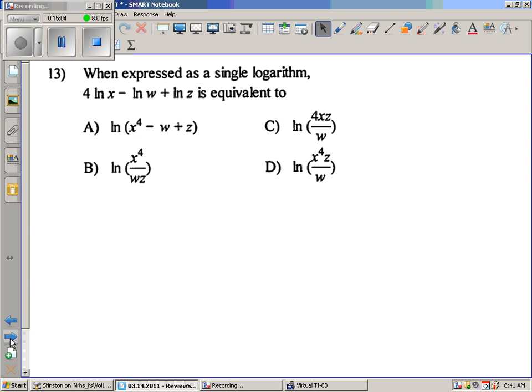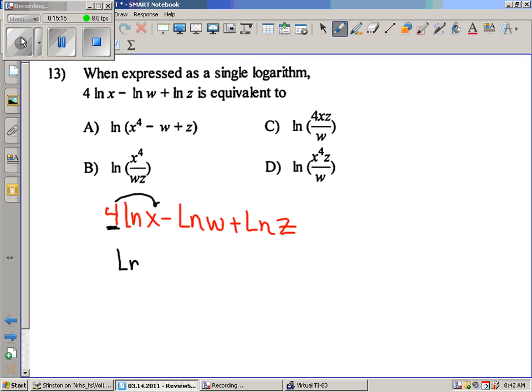Properties of logs. ln, remember, is just log with a base of e. So we got to do them in order. Let me just write it down first. This thing right here is going to pop back up in front. And then you just go in order. Subtraction means divide, addition means multiply.